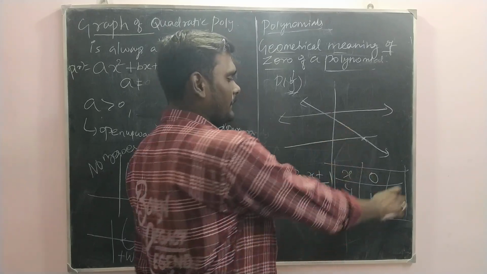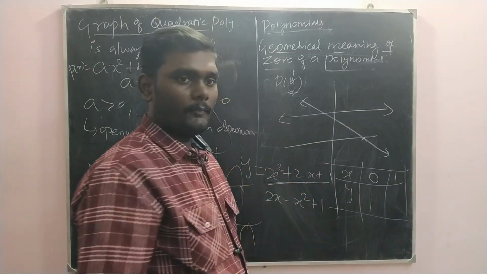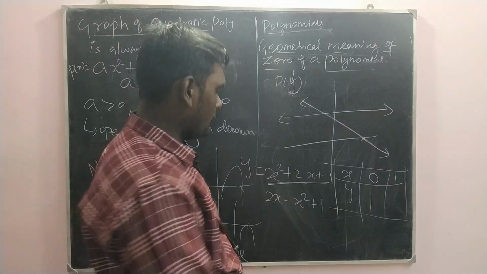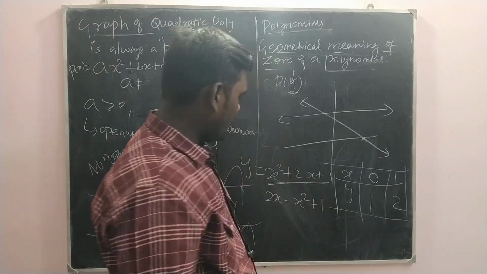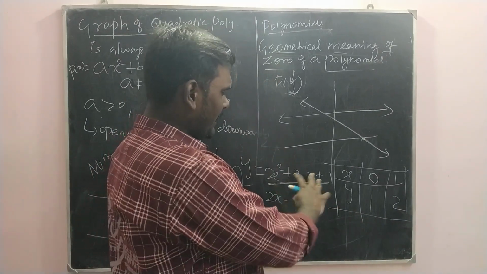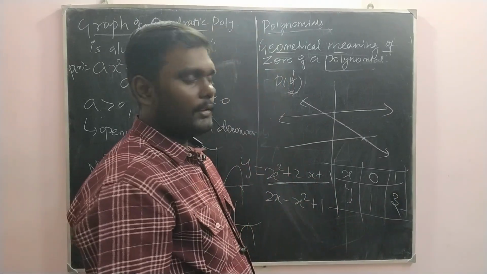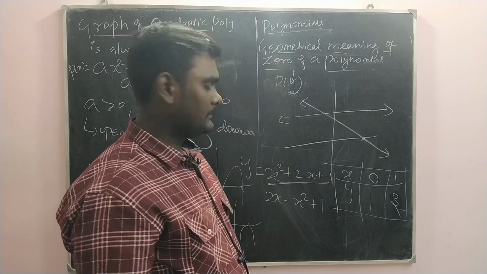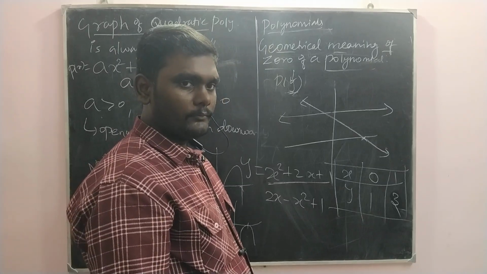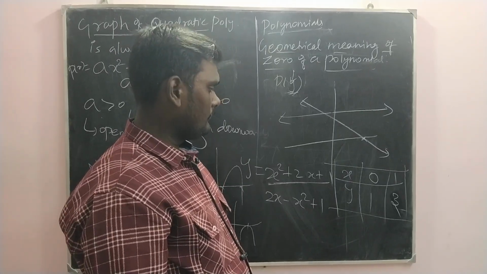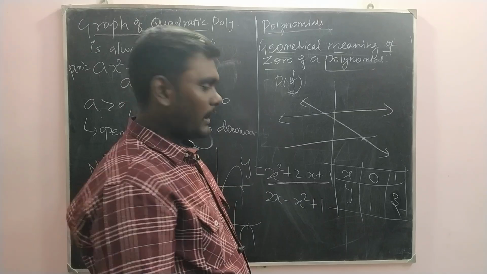And then when x is 1, 2. When x is minus 1, 2. When x is 1, it is 3, man. Okay. When x is minus 1, it is 0, right?